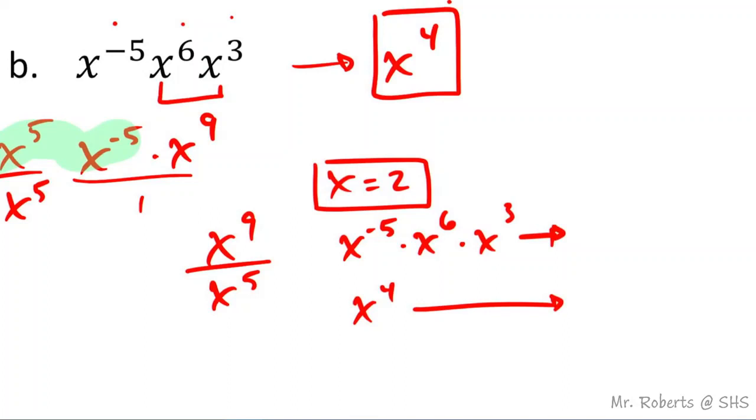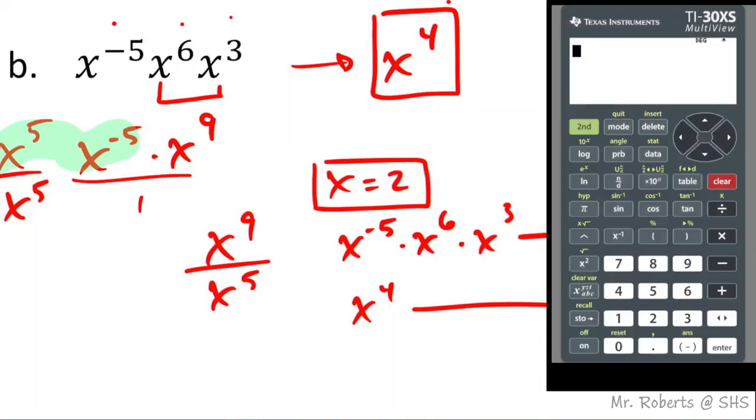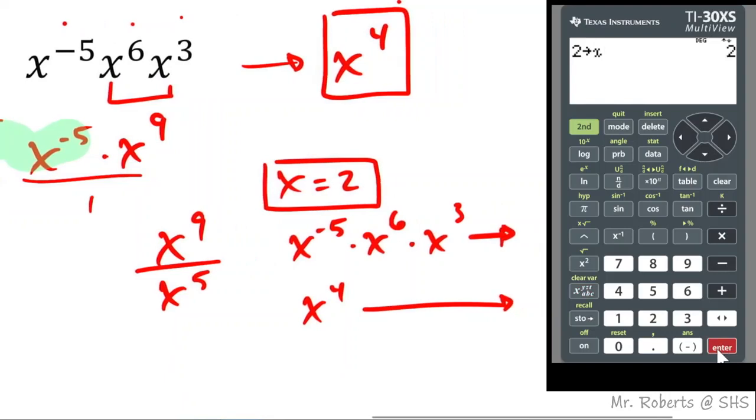Here it is. And I want to store a value of 2 in x. So you just press 2 and then store that in x. Okay, right now my calculator thinks x is 2, which is what I want.